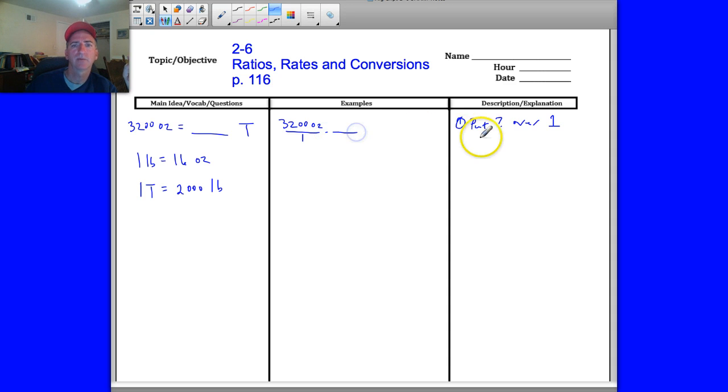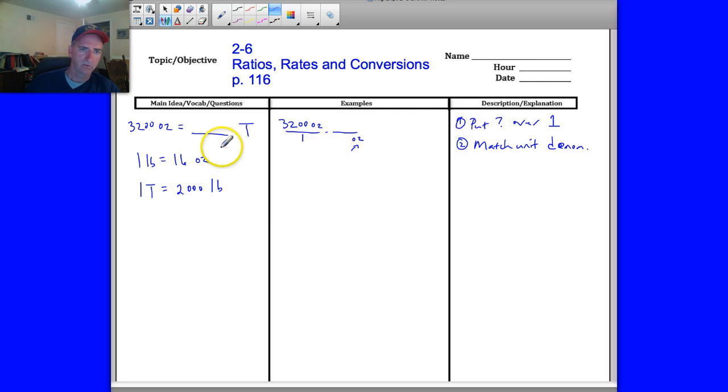Do you remember step 2? Hopefully. Match the unit in the denominator when you multiply. So I have to have ounces here, because you have to cancel it out.